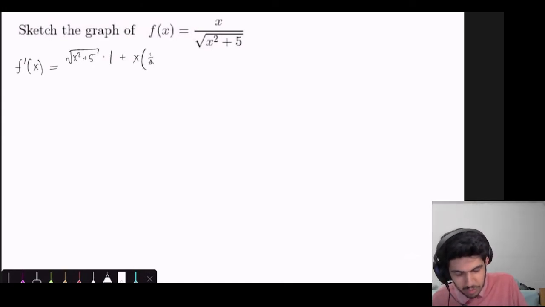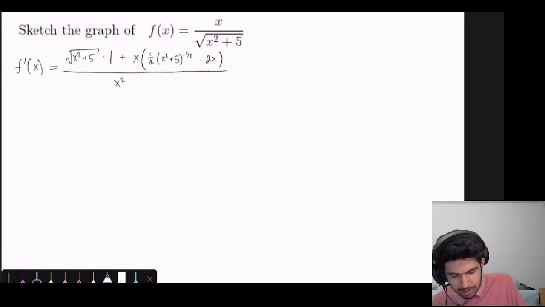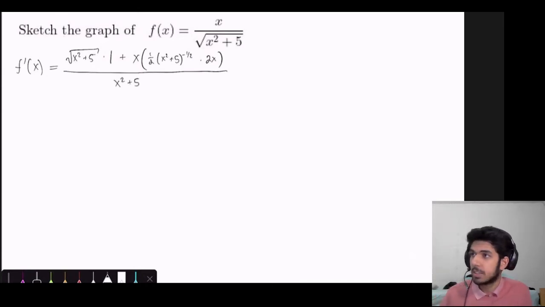So you can represent the square root as the 1/2 power, and then do the chain rule. And you should get something along the lines of this. All of that over the low, the denominator squared, so that would just cancel out the square root term.